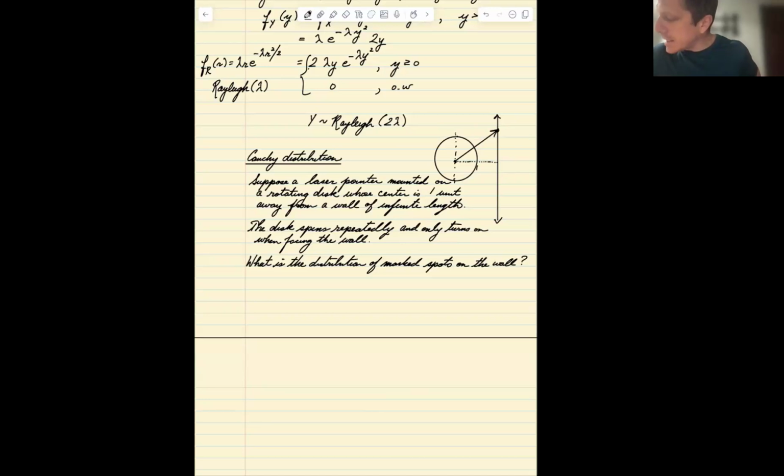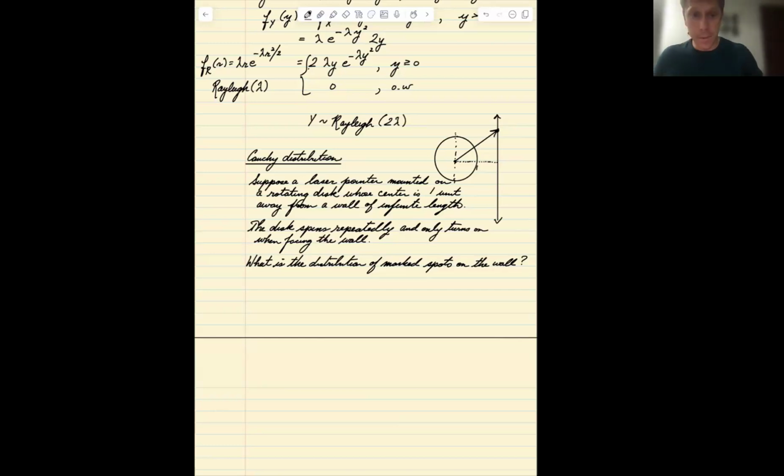But what you'd expect is that it's going to mark the wall more concentrated around the perpendicular, because as it spins through there, it's hitting every point. And as it goes off to the edge, it's still hitting the wall, but it's going to be more sporadic, not as concentrated, right? Because of the angular issue.